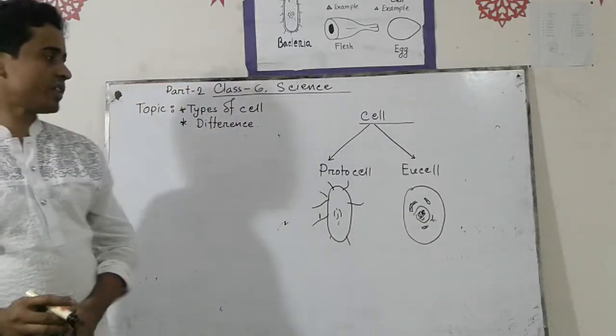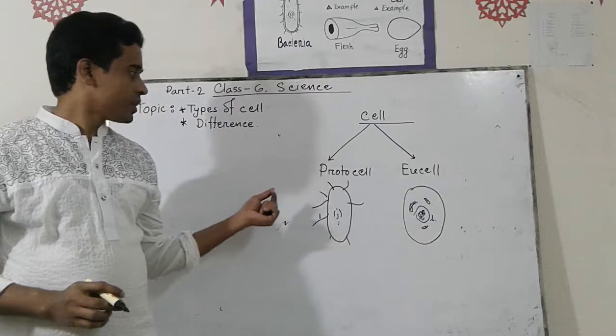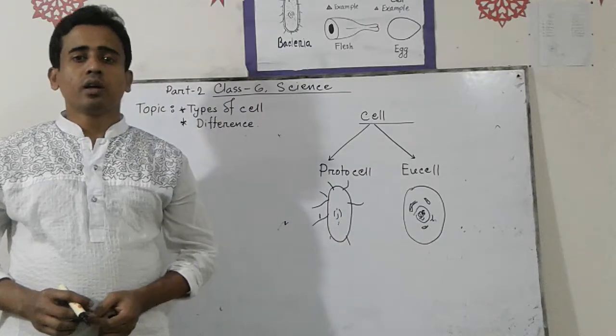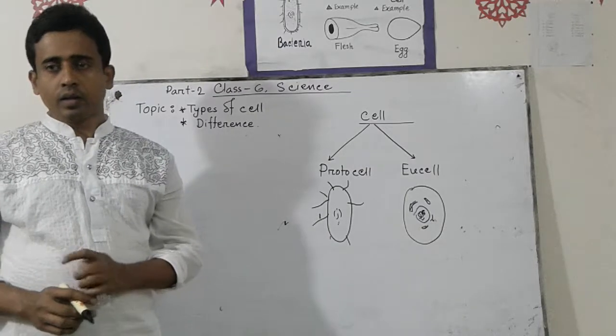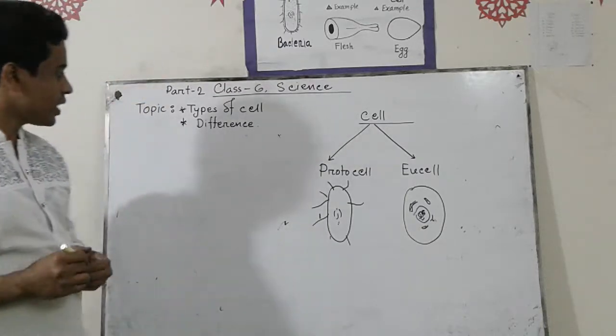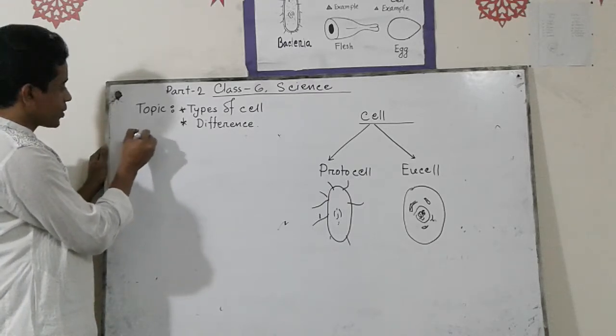Protocell and eucell. What is the definition of protocell? The protocell, the cell whose nucleus is not well developed. The cell whose nucleus is not well developed. You can write the definition of protocell.